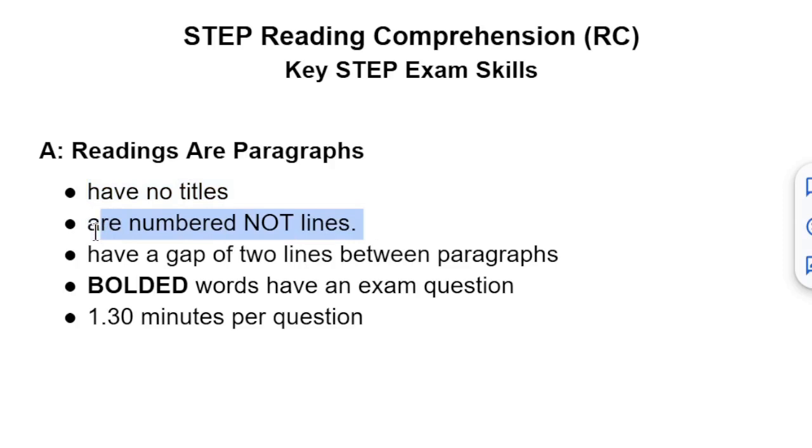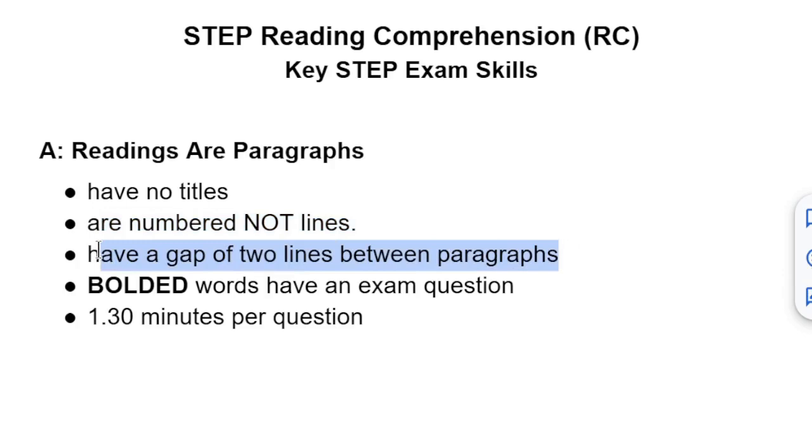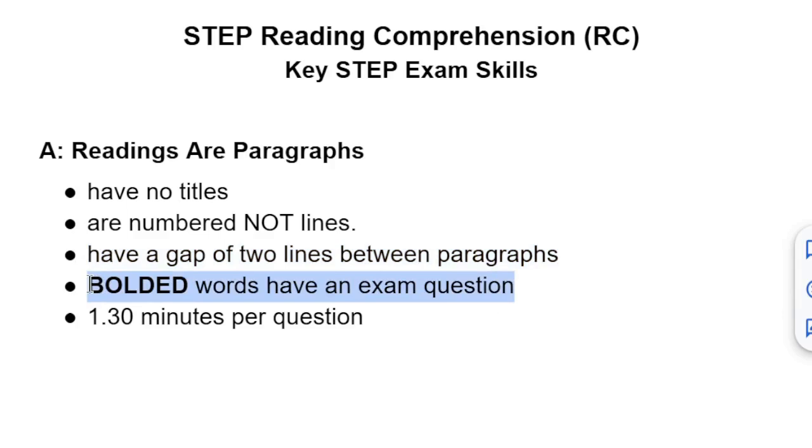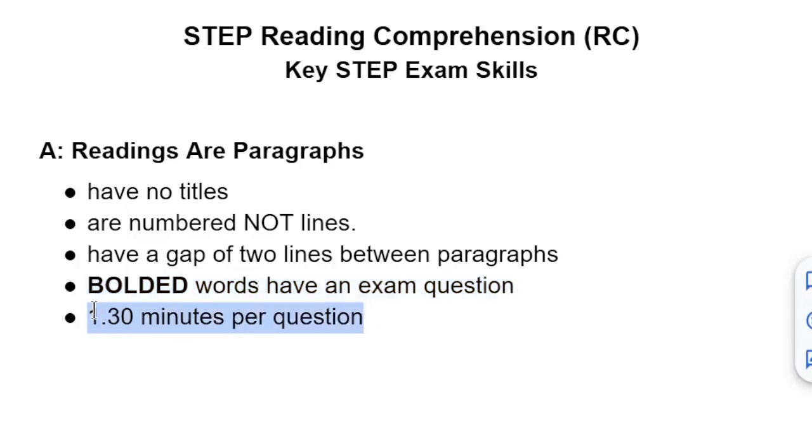Paragraph 1, 2, 3, 4, 5, 6. There's a space of 2 lines between each paragraph. The paragraphs also have some bolded words which are blackened, and these are exam questions. And you should answer each question in 1.5 minutes, so 1.5 minutes per question.